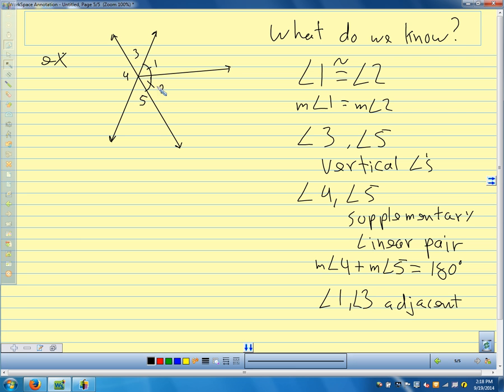All right. Last topic of the day. Very similar to what we talked about with segments. Oh, no, I need to do another example here. So keep this in mind for this next example: this supplementary, this linear pair, this 180-degree thing. So another example here.